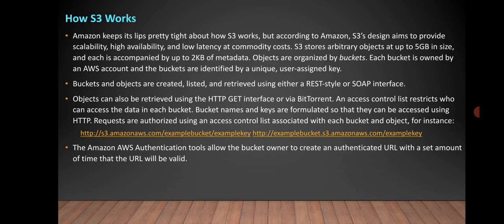Requests are authorized using an access control list associated with each bucket and object. For instance, this is the link which can be given. The Amazon AWS authentication tools allow the bucket owner to create an authenticated URL with a set amount of time that the URL will be valid.